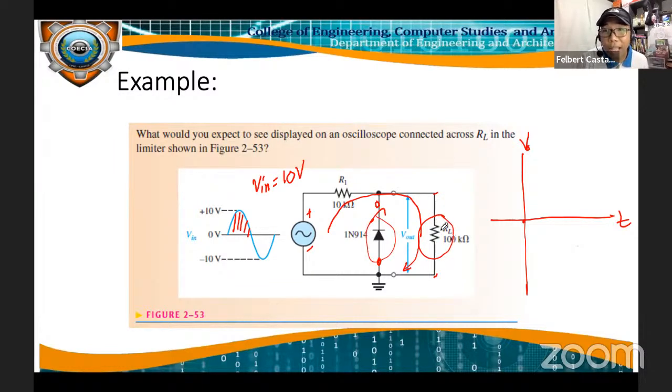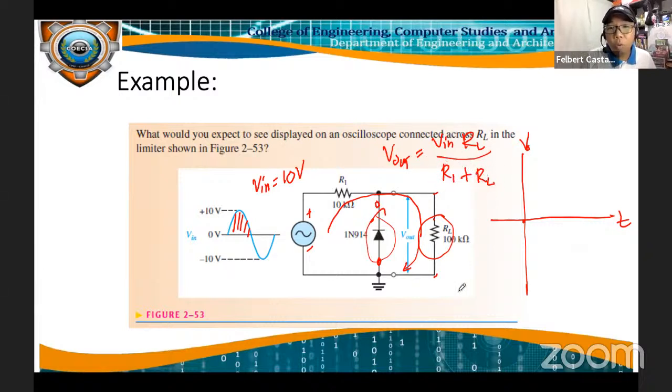And what is that value? Gamit yung voltage divider formula, V out during the positive half cycle is equal to V in times R sub L. Bakit R sub L? Kasi yun yung i-measure natin, yung voltage dito sa RL, over the sum of the resistances or the total resistance, so R sub 1 plus R sub L. I-plug in natin yung mga values.